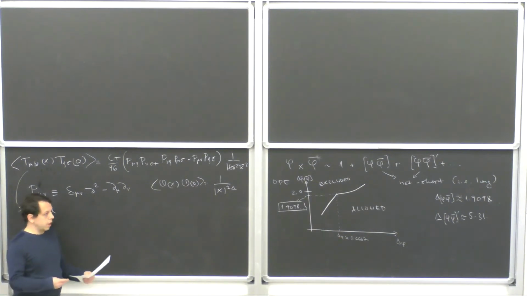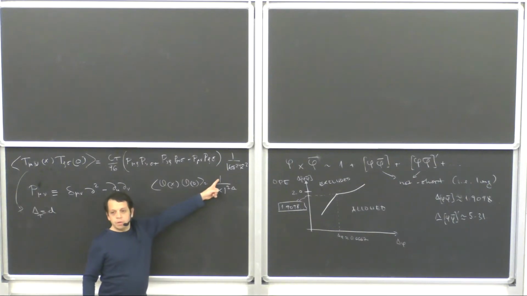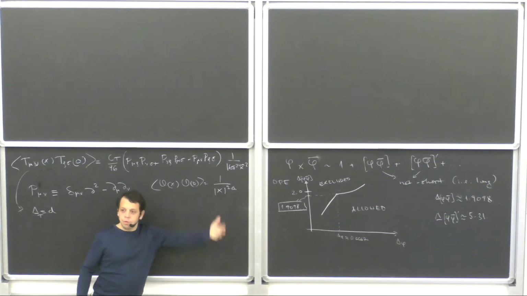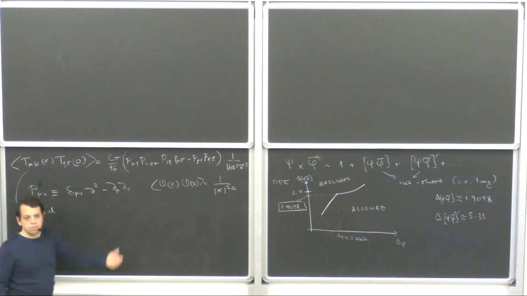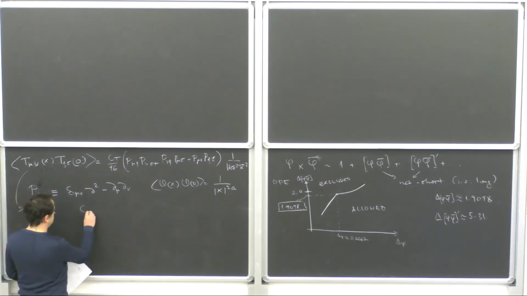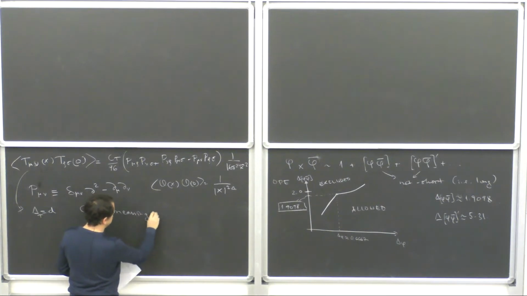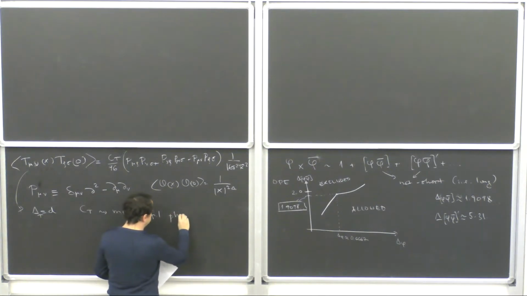And so you can normalize the scalar two-point function to be 1, but once you do that, any composite operator will have a new dynamical coefficient, which we call here CT. So CT is a meaningful physical observable.